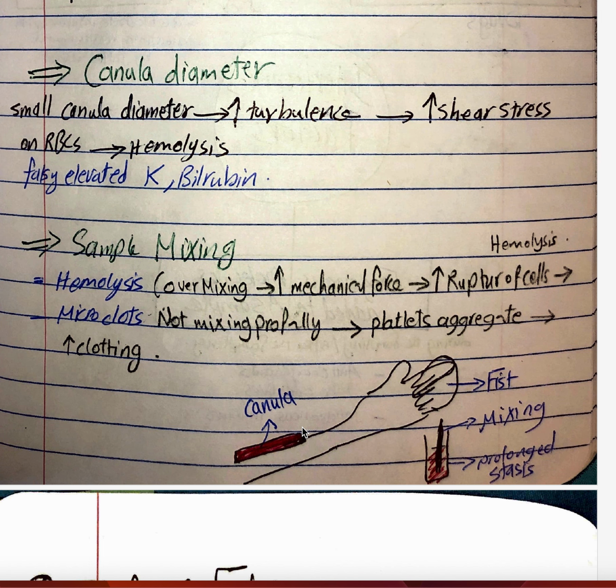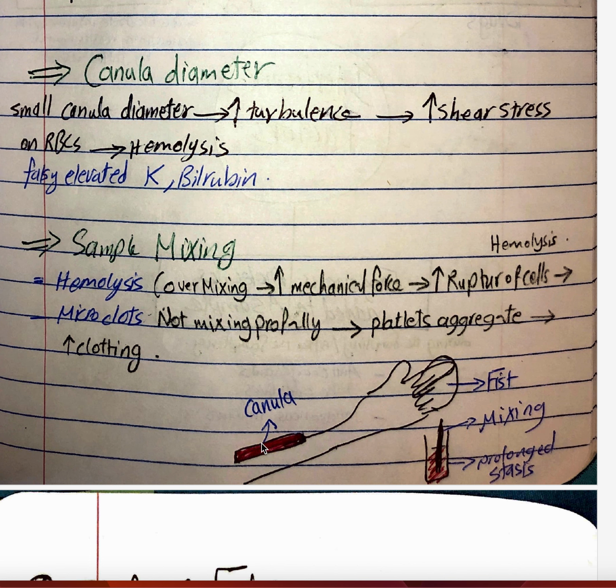We remember the pumping with the fist and also the cannula, because they are related to the hand, and what is related to the sample, like mixing of the sample or prolonged stasis. I prolong the stasis like this, but actually we can just draw a tourniquet. So just to remember these influencing factors: they are called influencing factors because they affect lab results because of a biological origin.